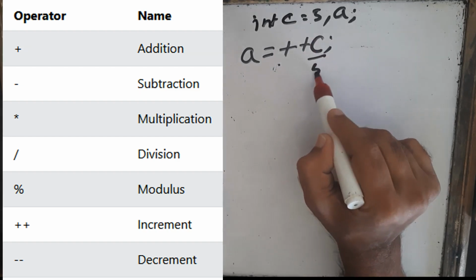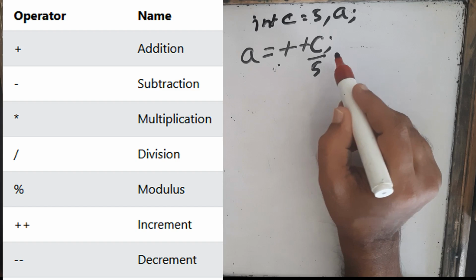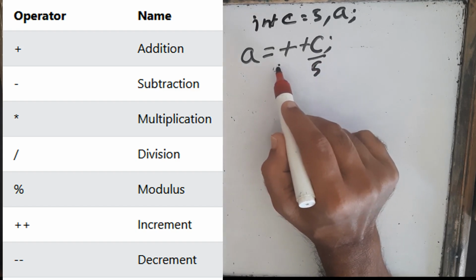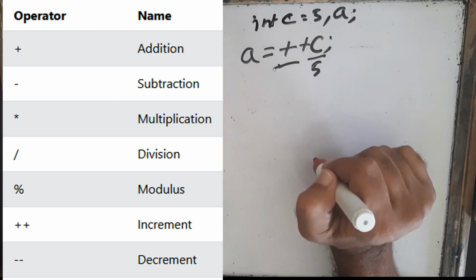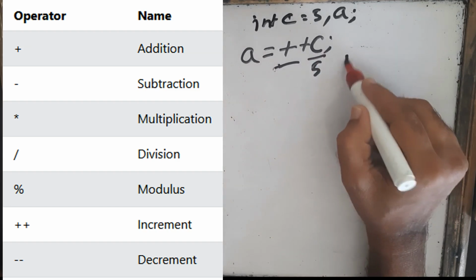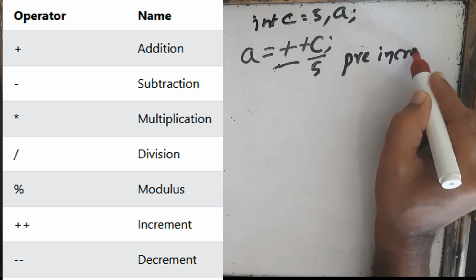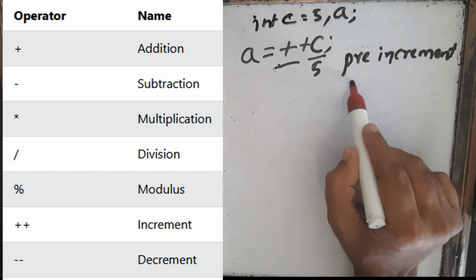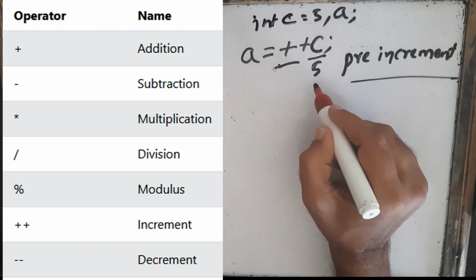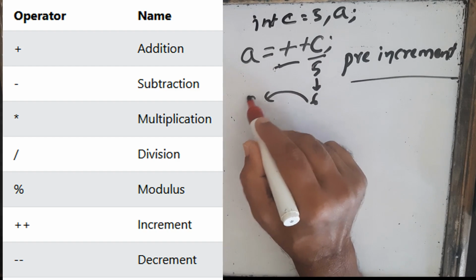Originally C is 5, and plus plus makes it 6. This is called pre-increment, because we are incrementing first.